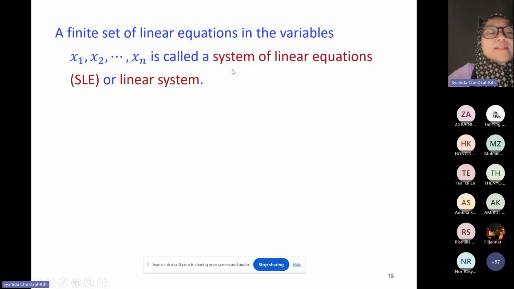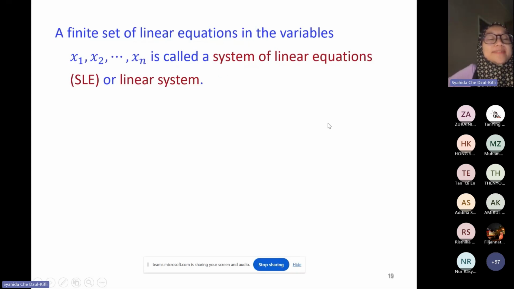Collecting all of the finite number of linear equations forms a system of linear equations. Let us use SLE as the short form of systems of linear equations. Most of the time, I will use SLE to represent the term.